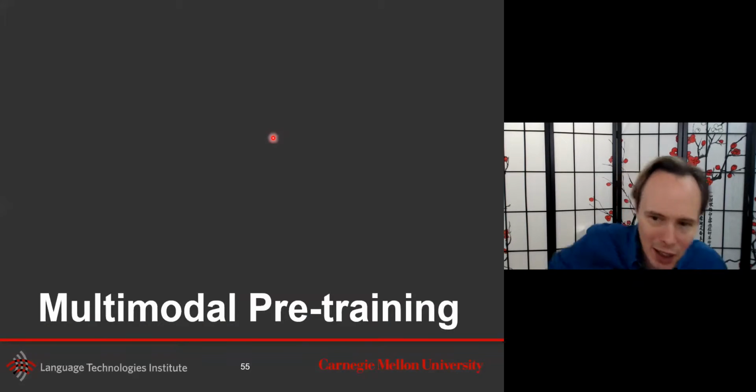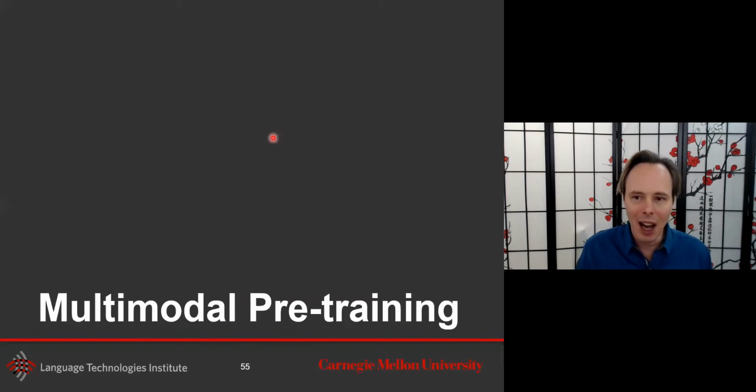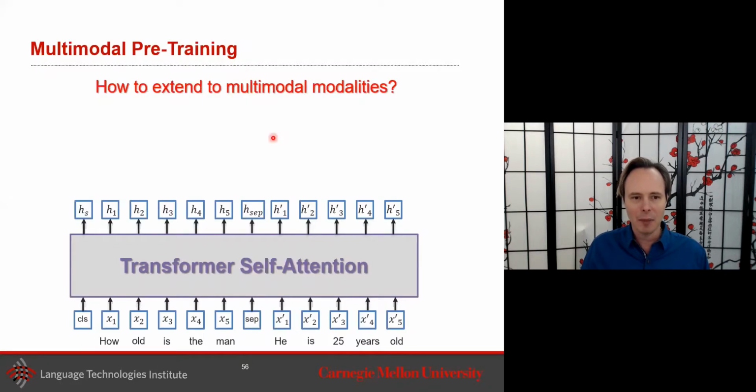Okay, the last part, I have three more slides, is how you do other extensions. You will have some of it in your reading, and I invite you to look at follow-up papers on that topic. There's a lot of interest there. The idea of multimodal: how do you deal with multiple modalities?